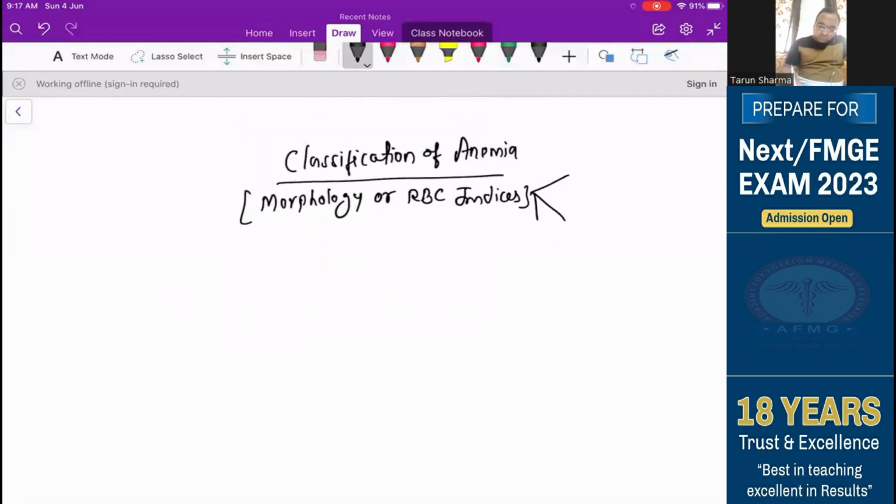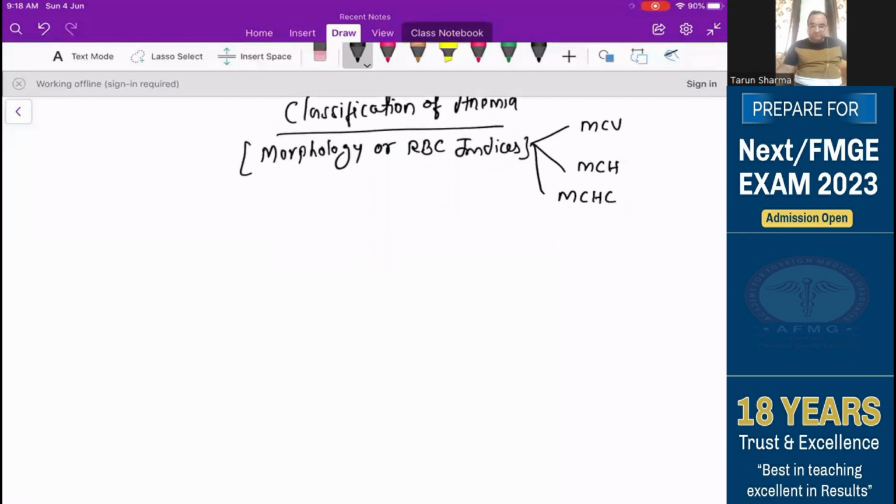We are going to talk about the three important RBC indices. One is MCV, second is MCH, and third is MCHC. These are the three important RBC indices, and based on these three RBC indices, we can differentiate anemia into three broad categories.